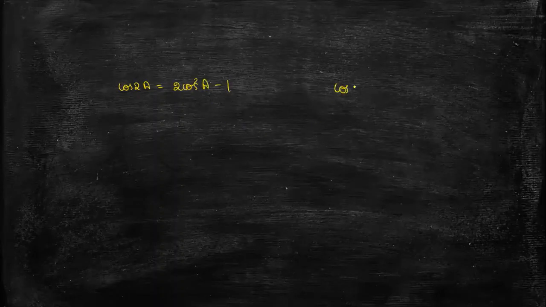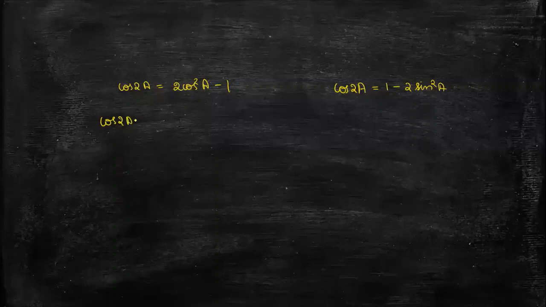Also, we have cos 2A is 1 minus 2 sin square A. If we alter the same formula a little, shifting the 1 to this side, minus 1 comes here: cos 2A plus 1 is equal to 2 cos square A. Okay, that means 1 plus cos 2A is 2 cos square A.